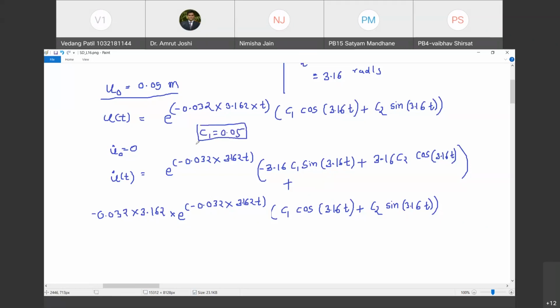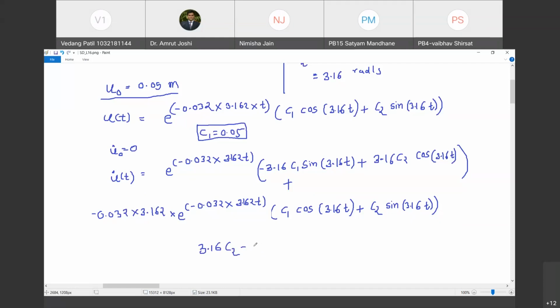Now look here, u dot of 0 is 0. That means if I substitute t equal to 0 here, this term becomes 1, this term vanishes, and this term remains: 3.1616 C2. Do you agree with me? Here, when I substitute t equal to 0, this term becomes 1, but this term remains as it is.